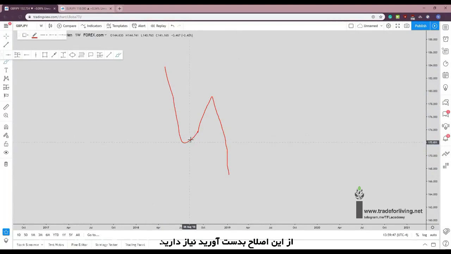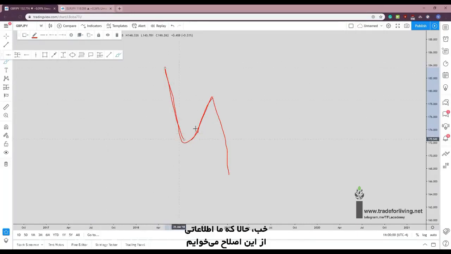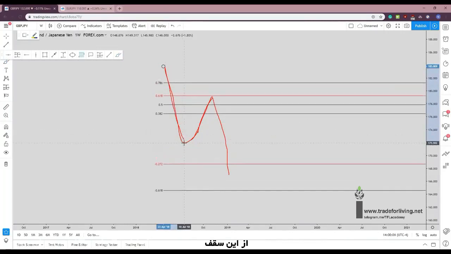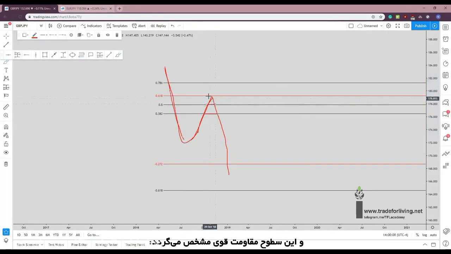Now if you want information on this retracement, you need to take your Fibonacci on this impulse, because if you want information on this leg, you need to put it on the previous leg. That is the rule. If you want information on one leg, you need to take your Fibonacci on the previous leg. So if now we want information on this retracement, we will take our Fibonacci from this high to the low, and we will have our strong levels of resistance that are the 0.382, the 50%, 0.618, and 0.786.